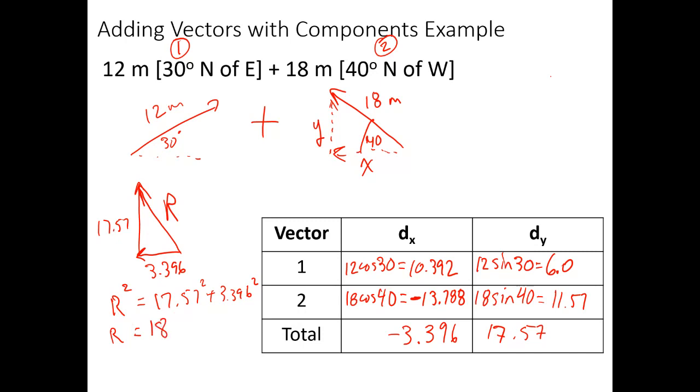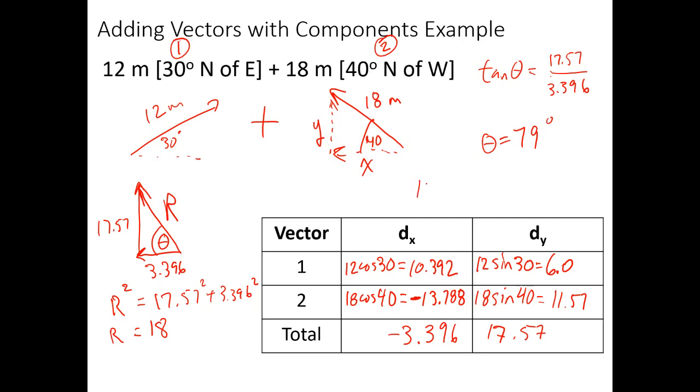Okay, our angle, here our angle within this triangle. I'm going to skip up to the top here, getting to find angle. So the tangent of that angle, theta, is going to be the opposite side, or 17.57, divided by the adjacent side, 3.396. Okay, I'm going to do the inverse tangent of both sides, and we should find that theta is 79 degrees.